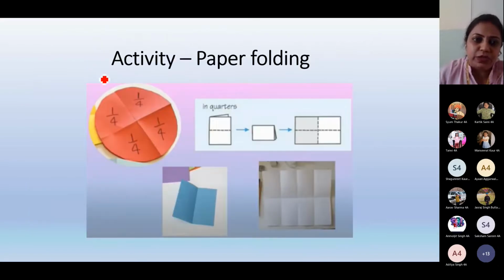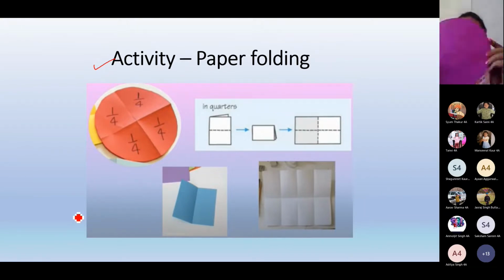Now children, we'll do one paper activity. You have to take one piece of paper. You can take any circular paper or any rectangular paper. We'll fold it equally from the middle. Now look.